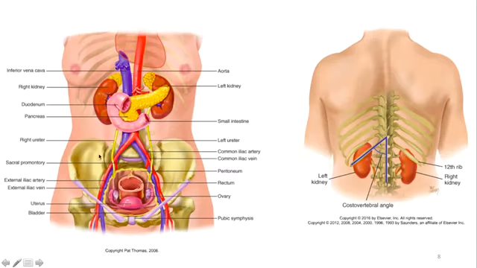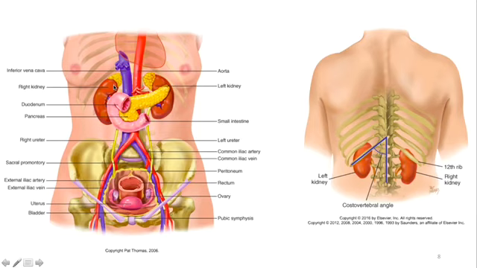Okay, so we've taken out that outer layer of organs so you can see the ones on the inside. So this is the pancreas here. Here's the body of the pancreas in that left upper quadrant. And our kidneys are here.